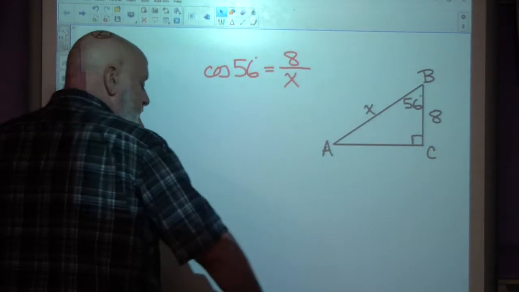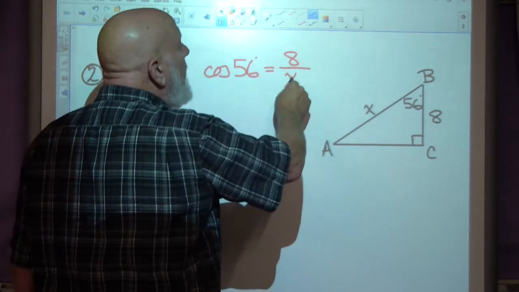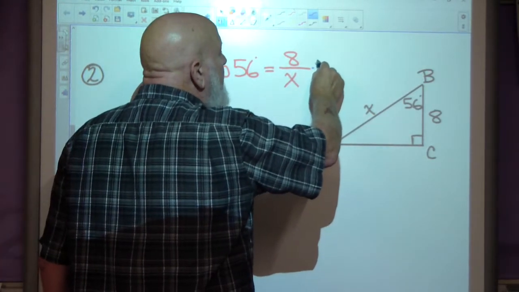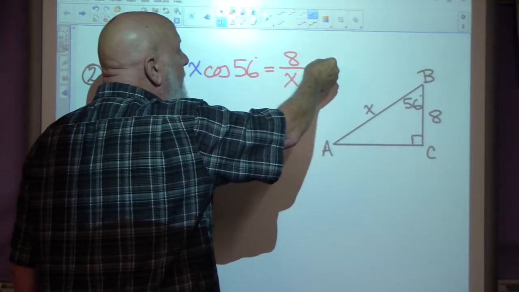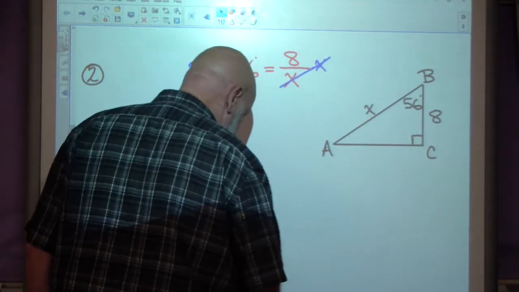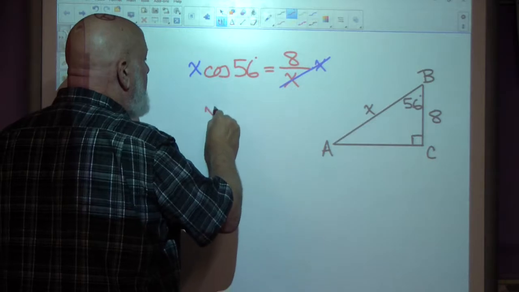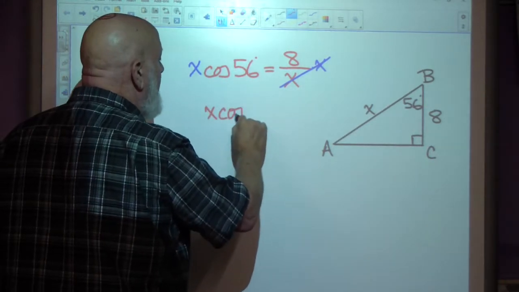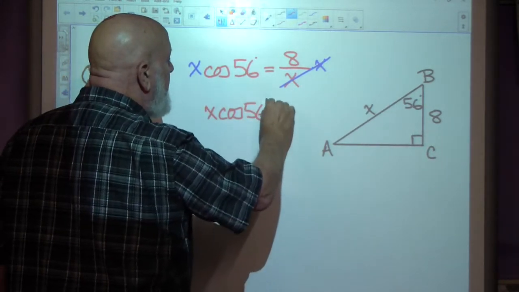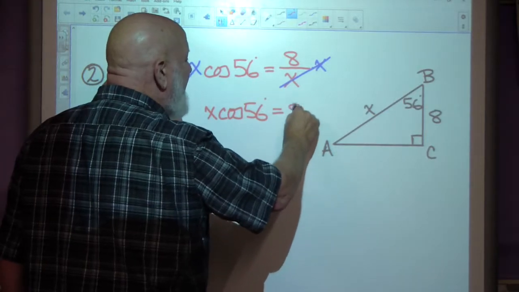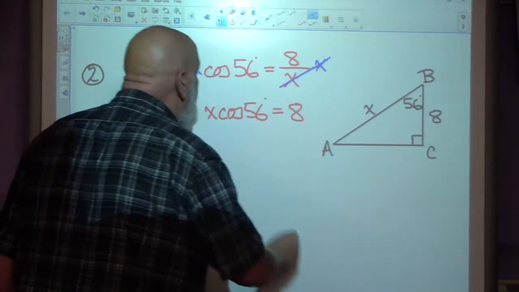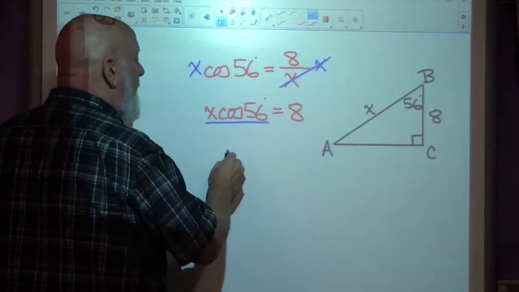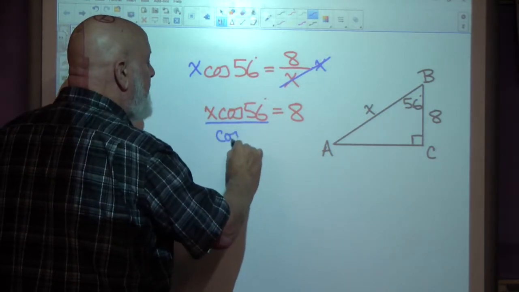To do this algebraically, we can multiply both sides by x, and this will cancel out real quick and give me x times the cosine of 56 degrees is equal to 8. And then I say, well, I want x by itself, so now I'm going to divide both sides by the cosine of 56 degrees.